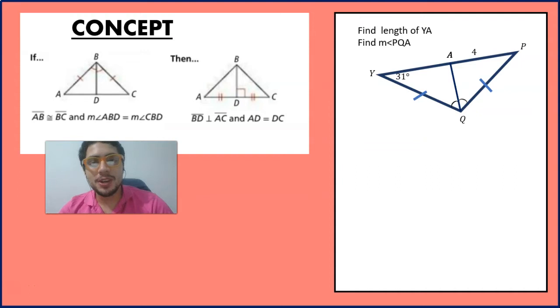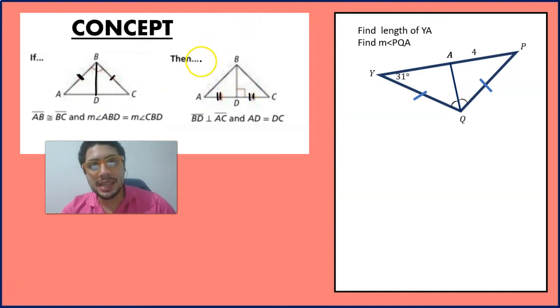So today we're going to be taking a look at this concept right here, which basically says that whenever we have an isosceles triangle, and we have a bisector of the angle that reaches to the opposite side, then that means that the opposite side is going to be split in half.